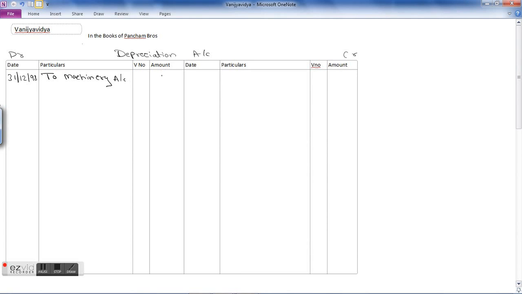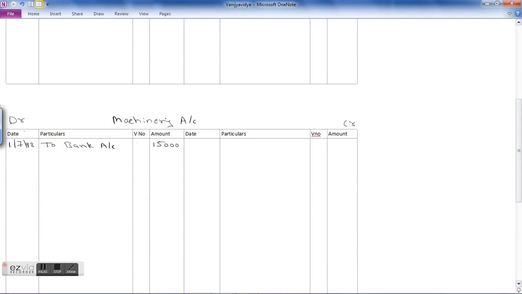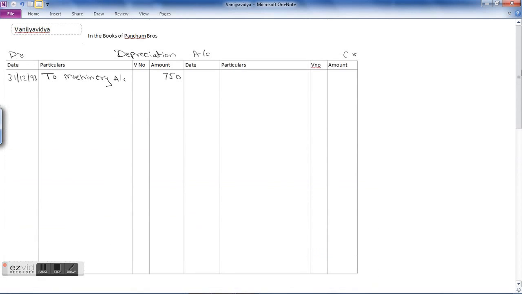And how much is the depreciation? 750. And the second effect, we'll give in the machinery account credit side, on 31/12/98, by depreciation account. And the amount is 750.